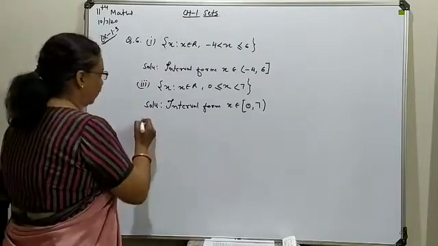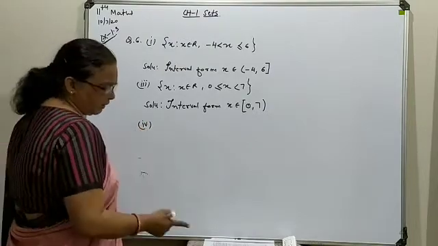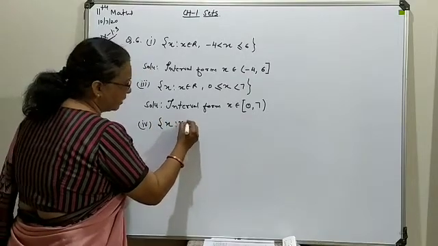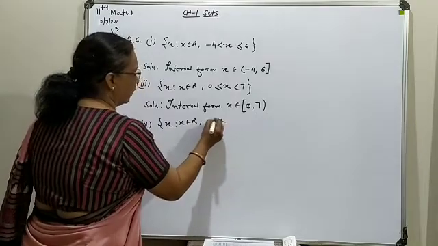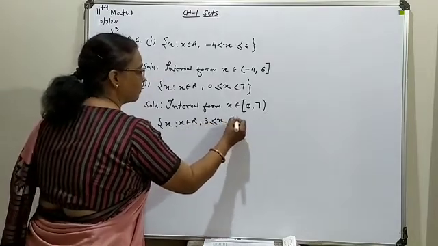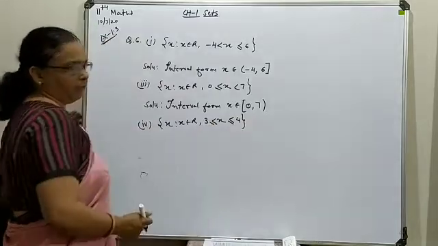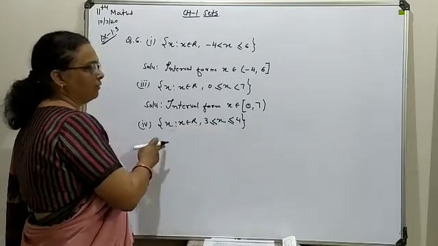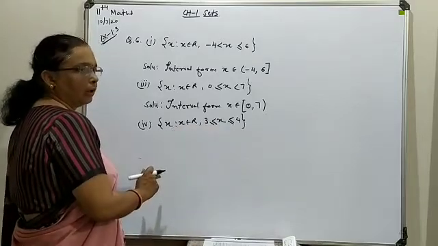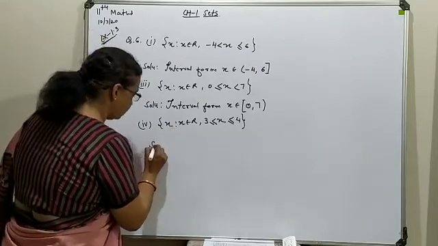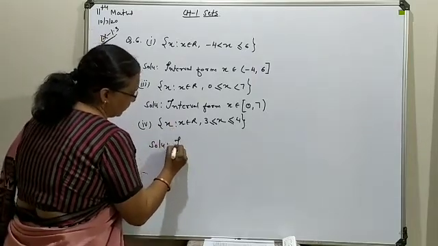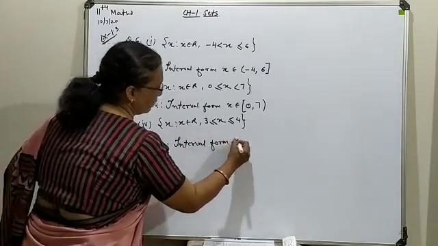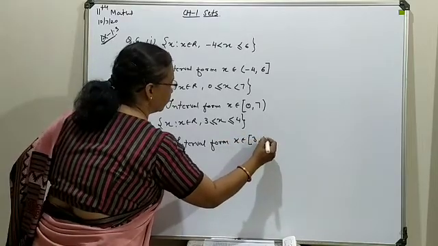Now the fourth one we are going to pick up, in which both sides remain closed. Your question is x belongs to R, in which x lies between 3 and 4, including 3 and 4. Here you can see the equality sign is maintained on both sides, so for the interval form you will write a totally closed form. The solution you will write as the closed interval [3, 4].